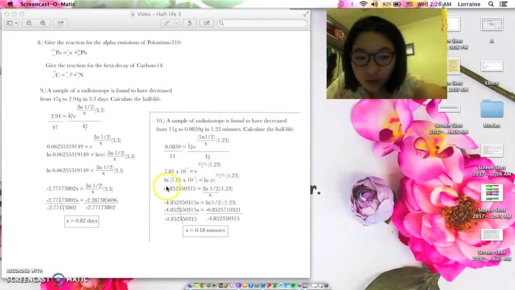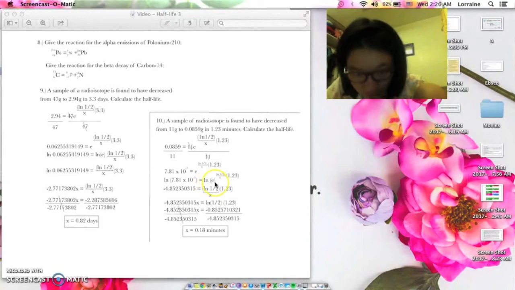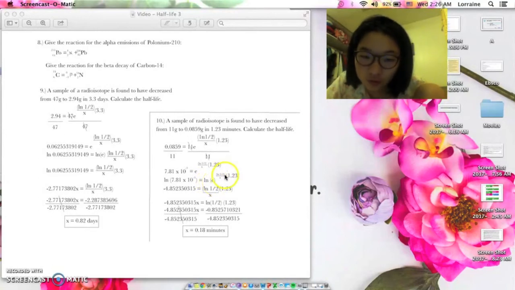So through the natural logarithm rule, I then solved for ln of 7.81 times 10 to the negative 3. Then I equated it to ln of e exponent ln of 1/2 over x times 1.23.